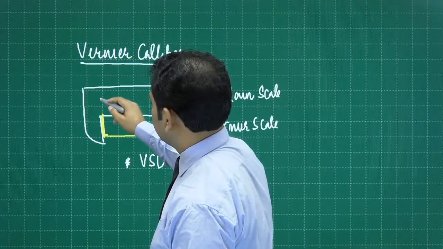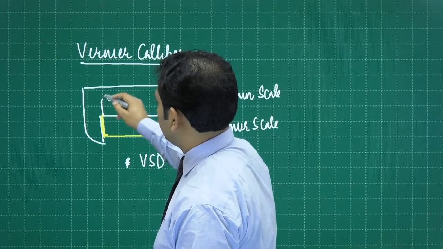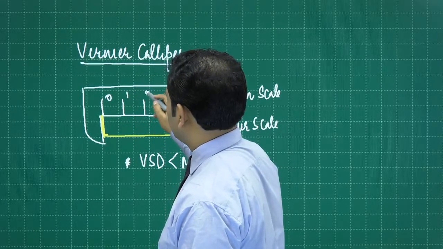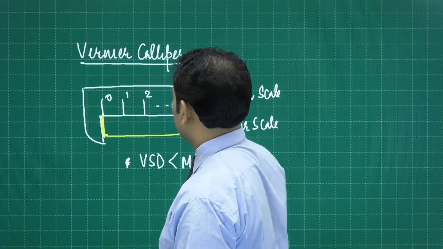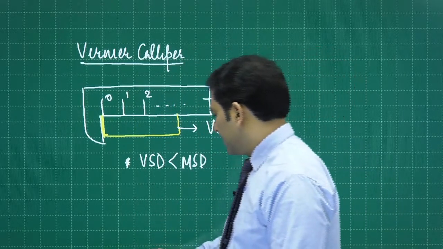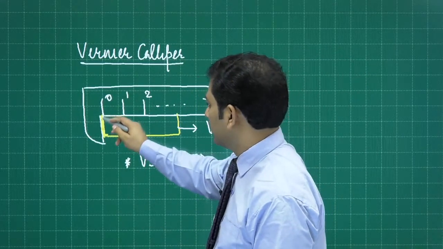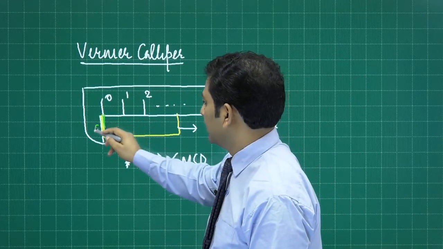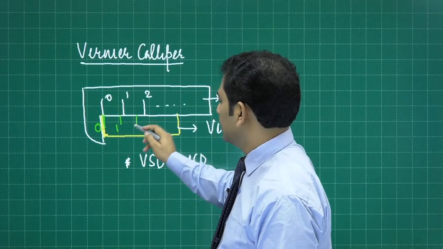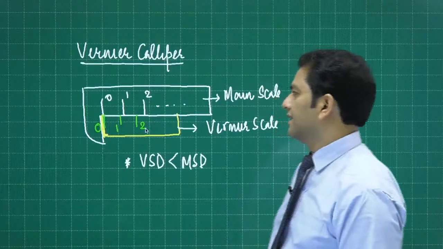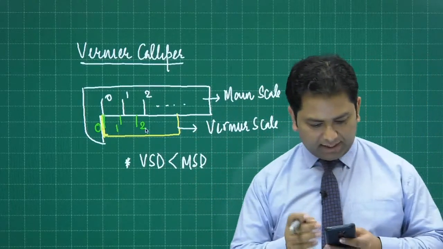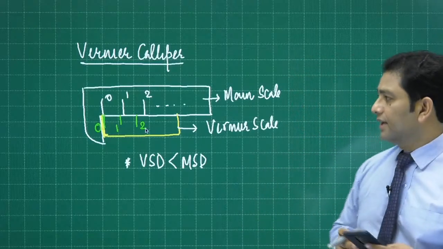Just imagine the main 0 is there, this is 1, this is 2, and so on, okay? And I'll show the vernier one. The vernier one would be 0 of vernier is there, 1 of vernier is there, 2 of vernier is there, and so forth. That must be clear, okay?